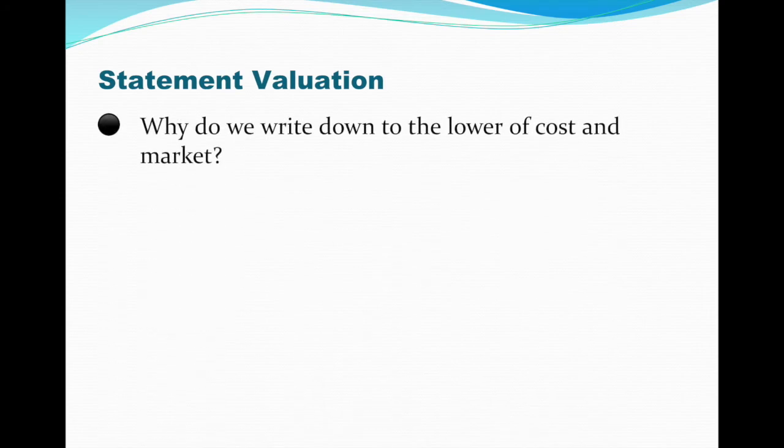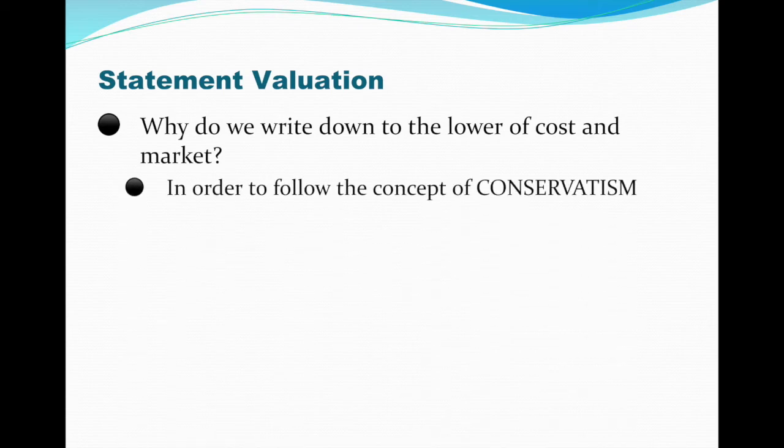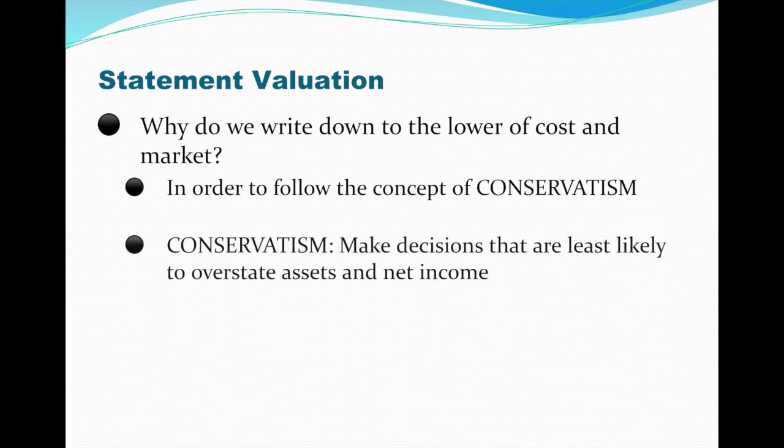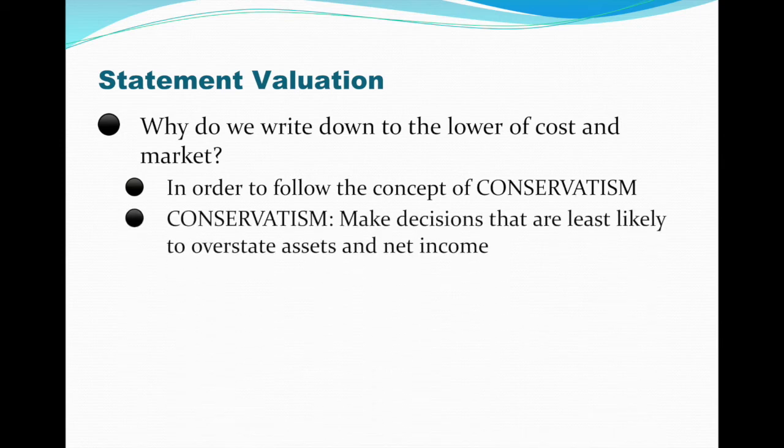So why do we write down to the lower of cost and market? We do this to follow conservatism. I said that already. I'm just repeating myself. My bad. It's an important point that a lot of accountants strictly adhere to.